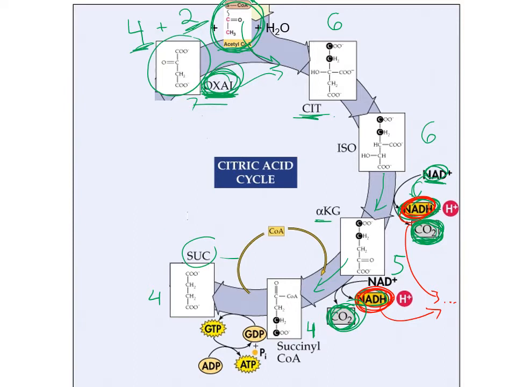But what we can do is take, essentially, this CoA being removed here, and it can be used to generate a GTP, which is then used to generate an ATP. So this ATP is generated, and we can then use that to do some other processes. This is our energy generation part of the Krebs cycle.